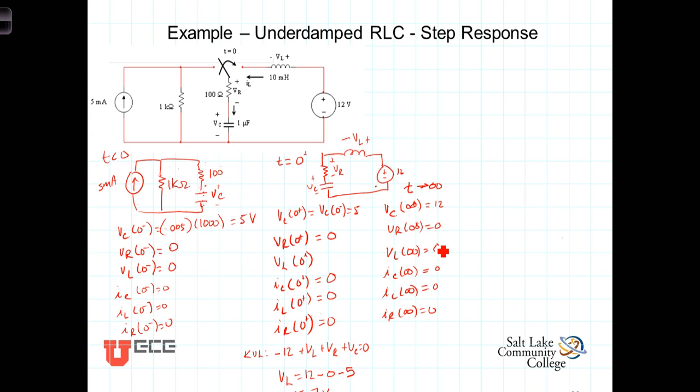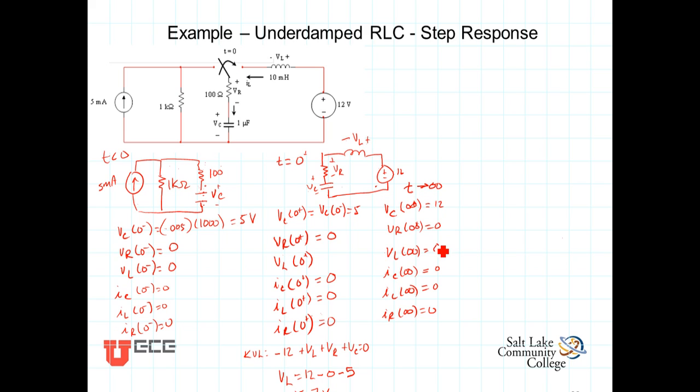The next step for us then is to determine the damping of this circuit. So let's just do the damping up here. It's a series circuit. That means that alpha is equal to R over 2L, and we're using this resistor here, the one that's in the circuit after the switching.